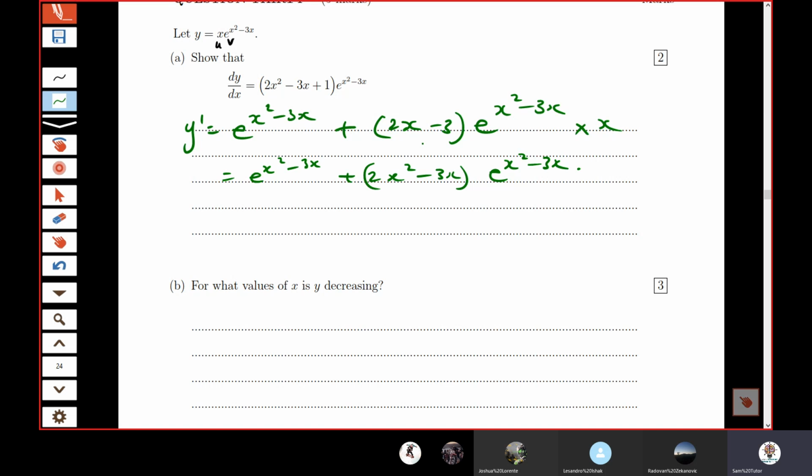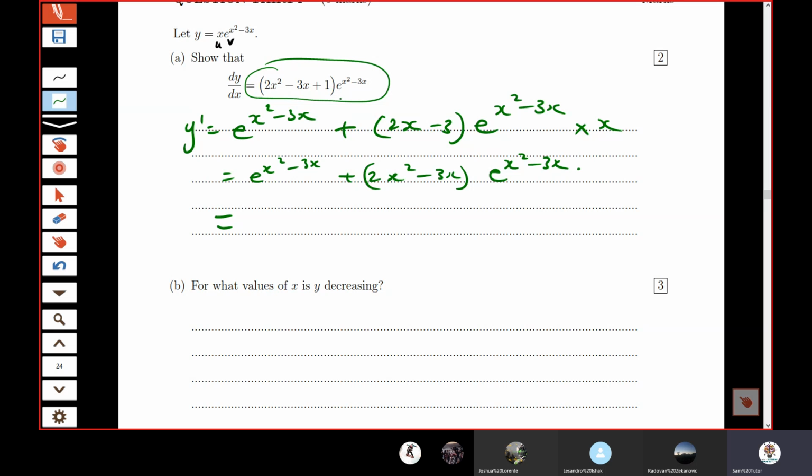Multiply this x with this bracket, and then look at what you've got here. It says 2x squared, 2x squared. Take away 3x, take away 3x, plus 1, which means please do what in the next line? What have they done with this line here that I don't have? It's just a form. What have they done?